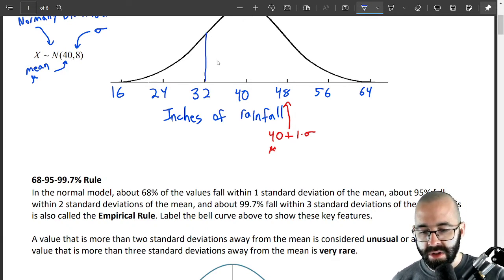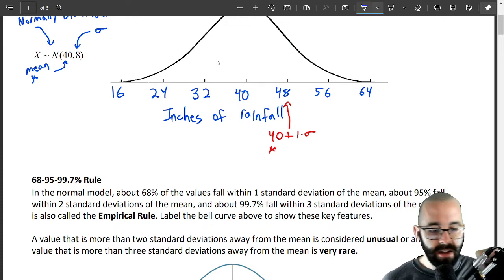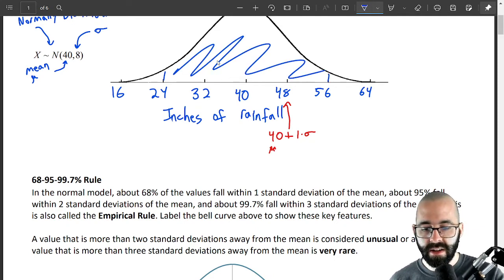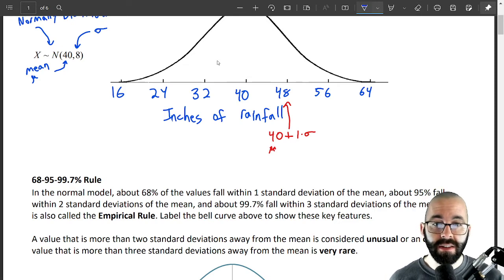And again, that corresponded to this situation. 68% is about that. It also says that 95% fall within 2 standard deviations of the mean, which we also showed. 95% would be everything in here, which is almost everything. And within 3 standard deviations of the mean, it's about 99.7% of the data.